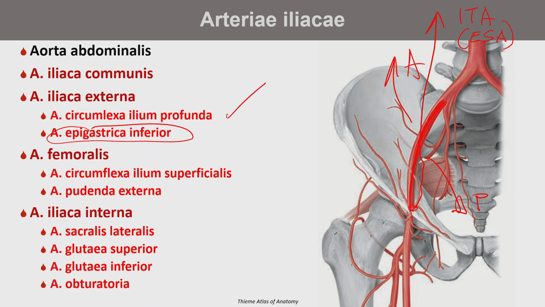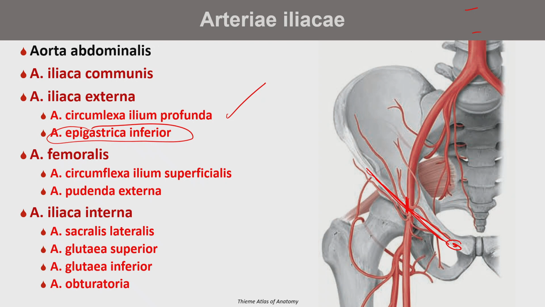Then it's easy, because there is a line called the inguinal ligament. The inguinal ligament crosses from the superior spine of the iliac bone to the pecten pubis, and is divided in the middle by a ligament, forming two lacunae. One is called the lacuna vasorum, which is medial, and laterally is the lacuna musculorum.